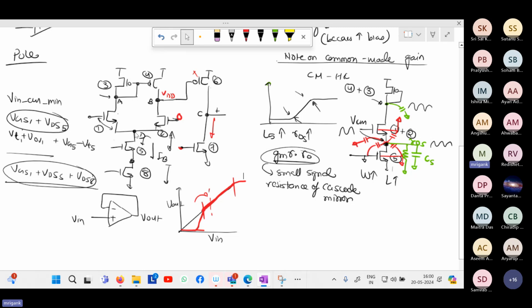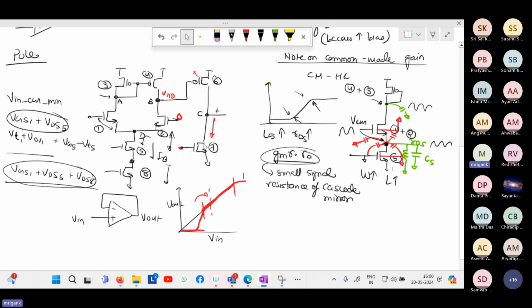The source node over here, that is the drain of M5, is the AC ground, so we don't worry about the pole at this point. Mostly the poles at A, B, and C are of concern. At A it is a low impedance node, whereas at B the impedance is RO4 parallel RO2. Likewise, at C the impedance is RO6 parallel RO7.